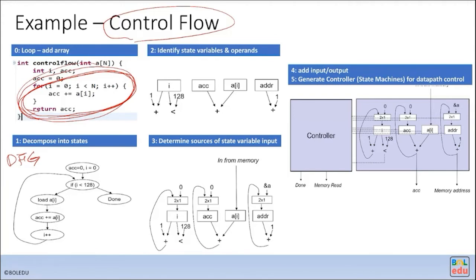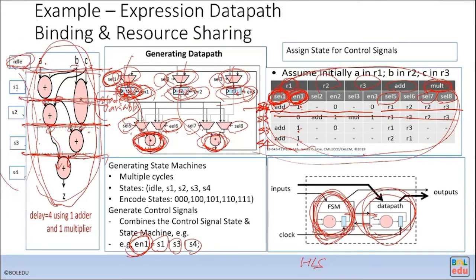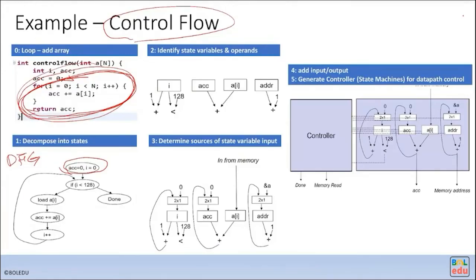So you have a first state here, initialize the accumulator to 0. Okay, and then you want to have the loop index i initialized to 0. And then you next check whether i is less than the index bound, which right now should be n.